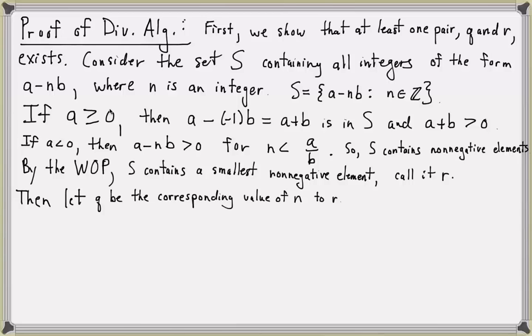So R is one of these combinations, A minus nB. I'm going to let Q be that integer n. So I can say that A minus QB equals R.